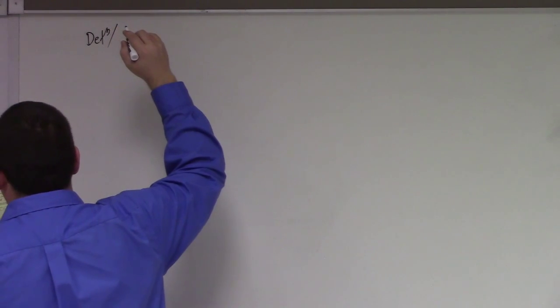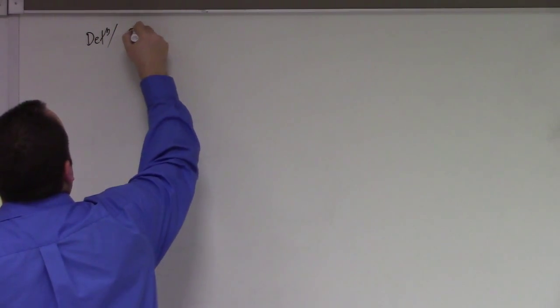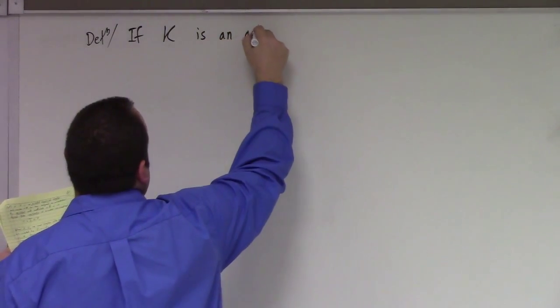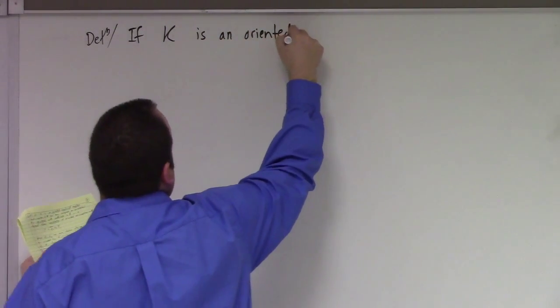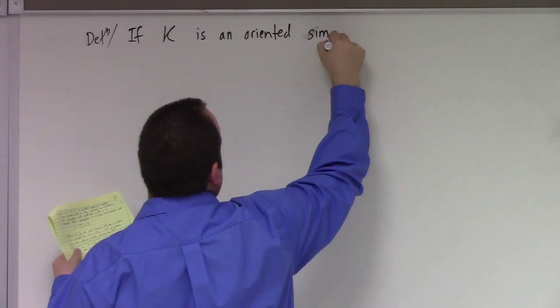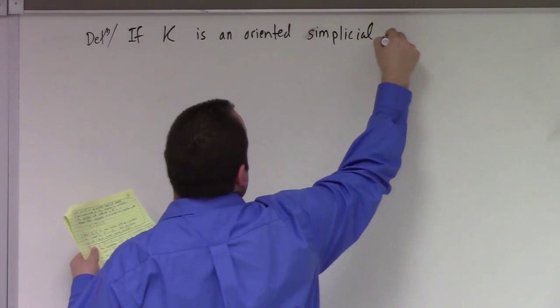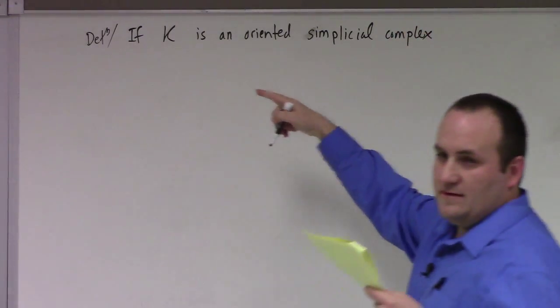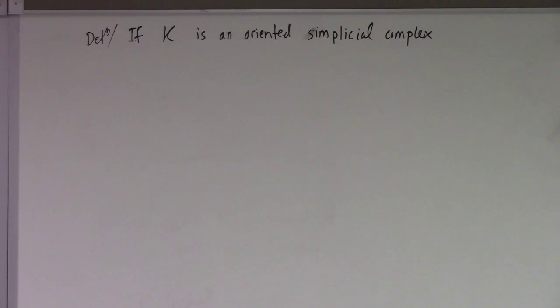If K is an oriented simplicial complex, what's an oriented simplicial complex? It's just what it sounds like. It's a simplicial complex where every simplex in the complex is oriented.